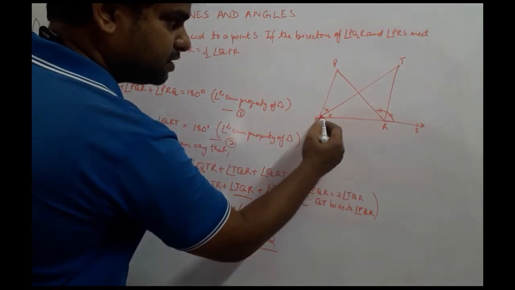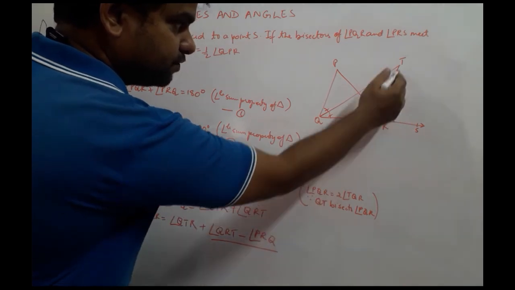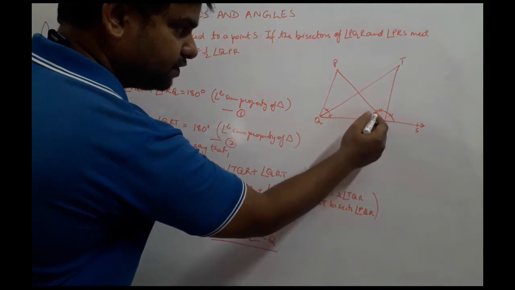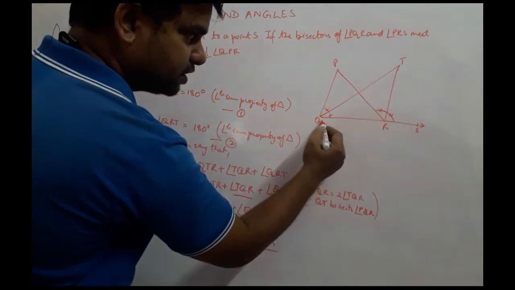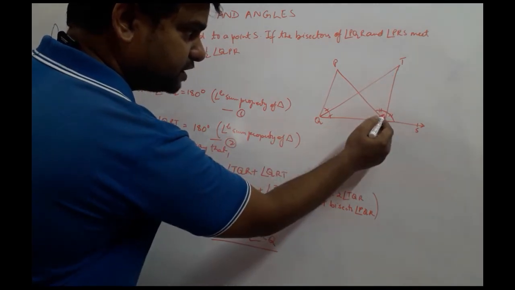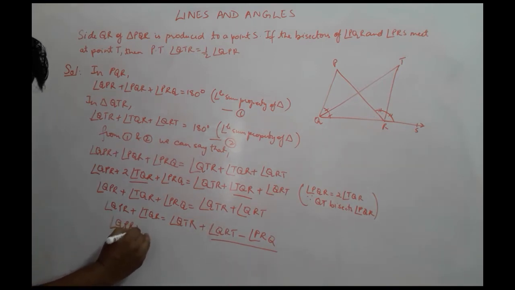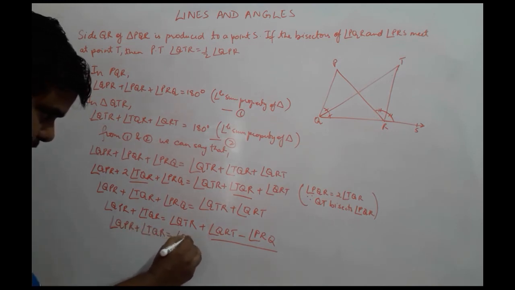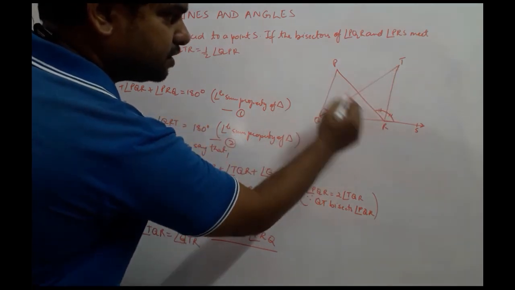This angle is equal to this angle plus this angle. So if we take out this part from this big angle TRQ, then we are left with this particular angle. So in place of this we can write this whole thing again. We write this angle, that is angle PRT.